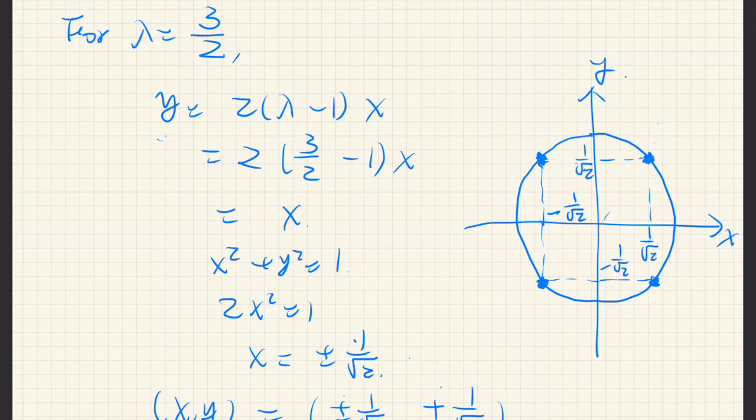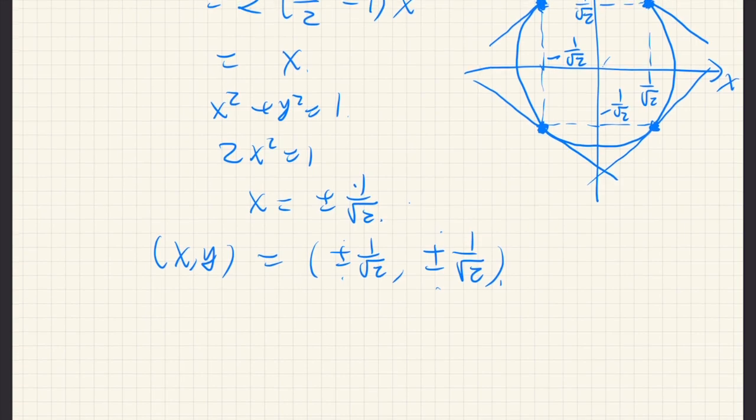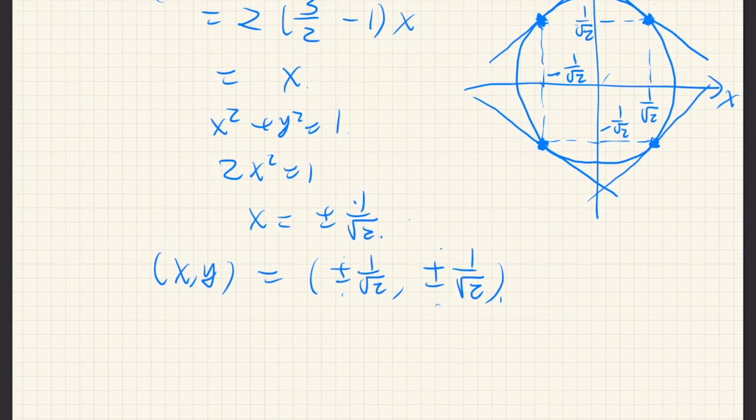Now, you should note that the gradients of the tangent lines at these points are not infinity. So at any of these points, the tangent has slopes that are not infinity. So this satisfies the condition of the implicit function theorem.